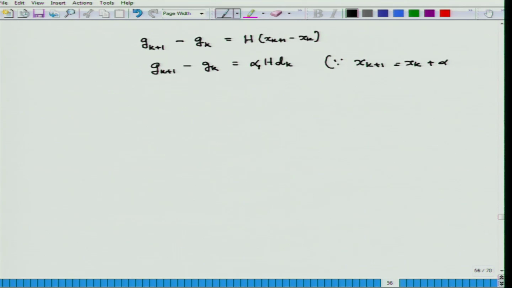Sorry, here I should put alpha k. So, this is the basic stuff we have.